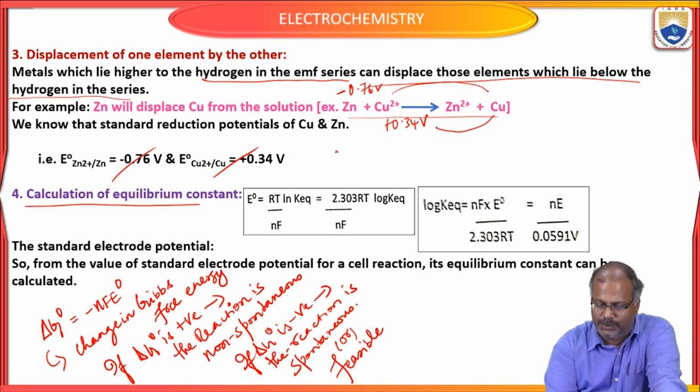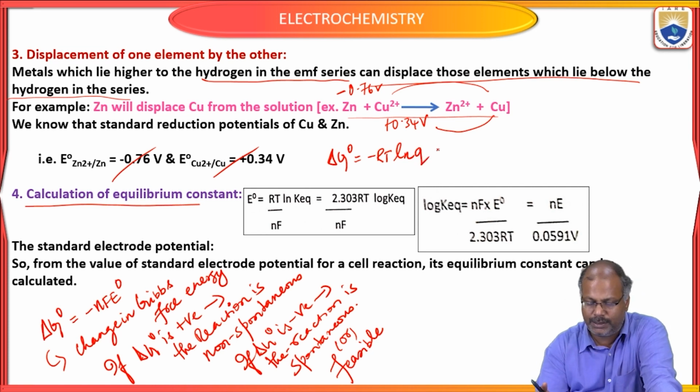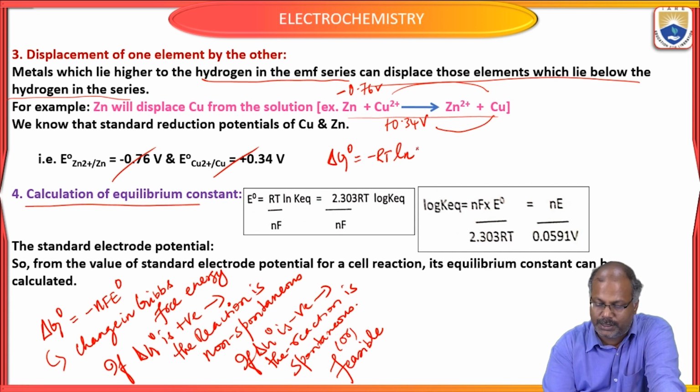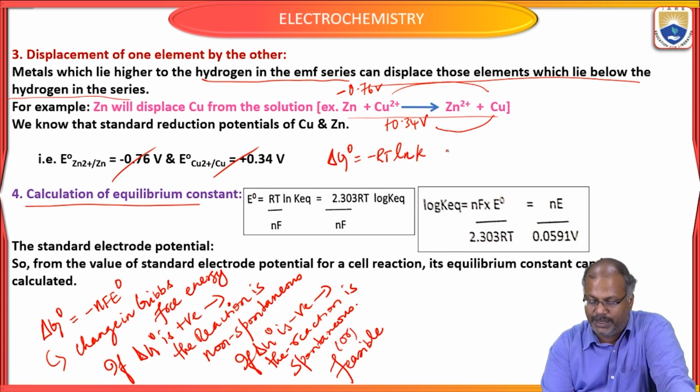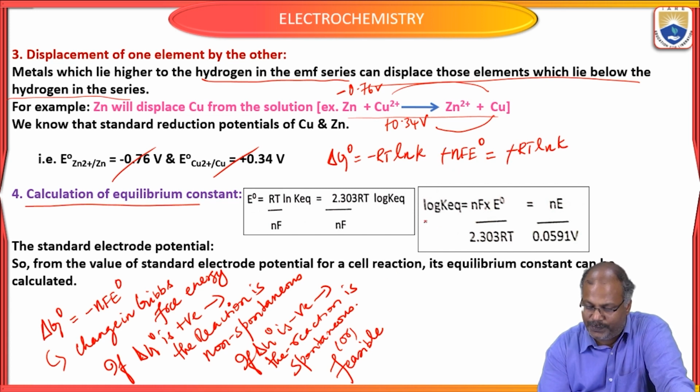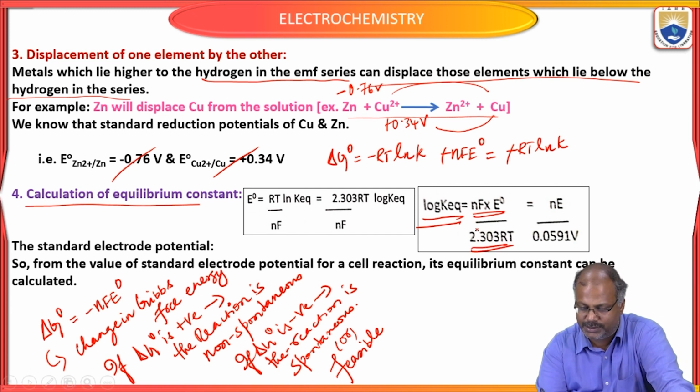We also know delta G naught is equal to minus RT ln K, where K is the equilibrium constant. So minus nFE naught is equal to minus RT ln K. So log K is equal to nE naught by 2.303 RT over F. This is how it comes.